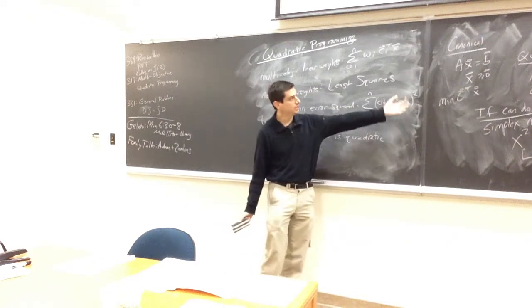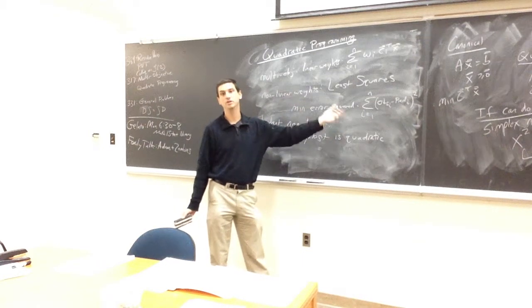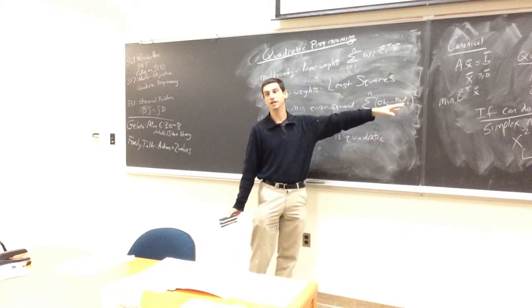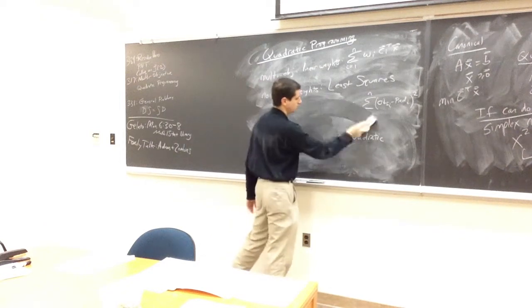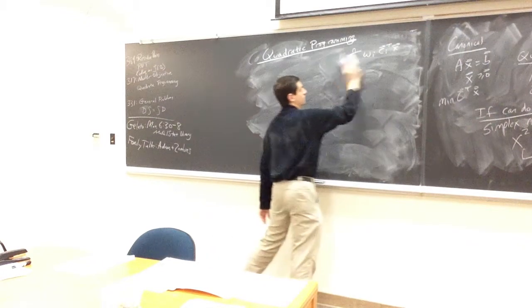And so what we've just shown here is that if we could handle quadratic constraints, we can handle binary integer programming problems. And since we believe binary integer programming problems are hard, we don't think we can handle quadratic constraints. Now the objective function, however, that's different.